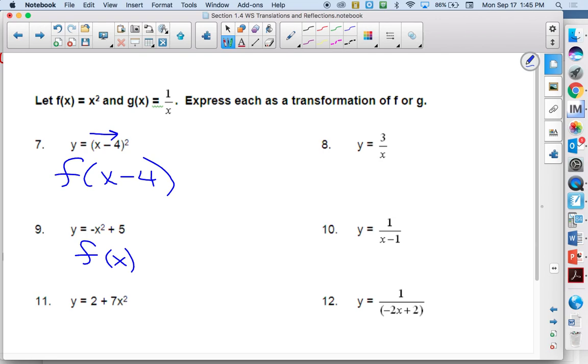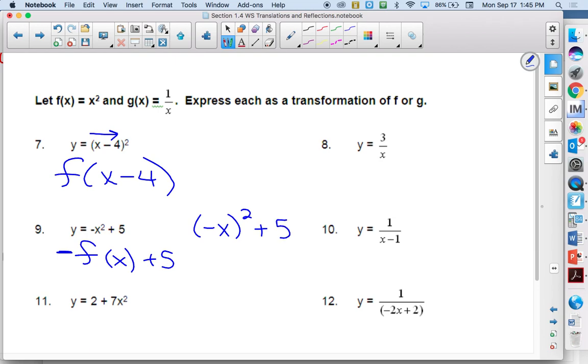Brandon? Plus 5. Plus 5. And then there was a negative in front of x squared. That x squared is the function. X squared represents f of x. So that means I need to place a negative in front of the function. So there is a difference if this was written as negative x squared plus 5.